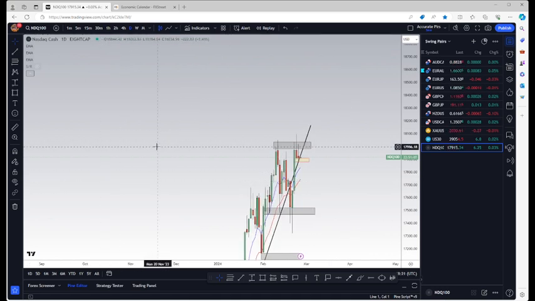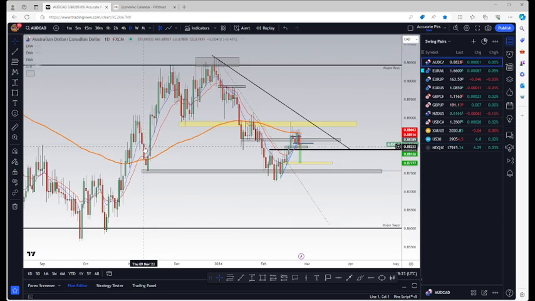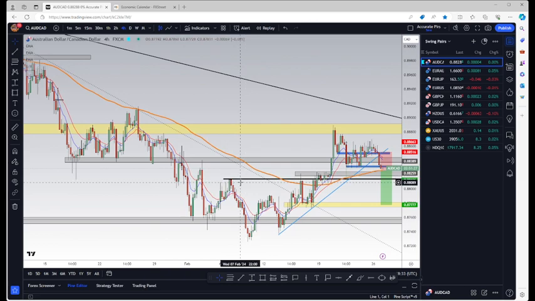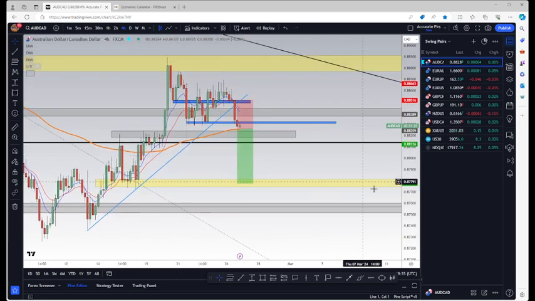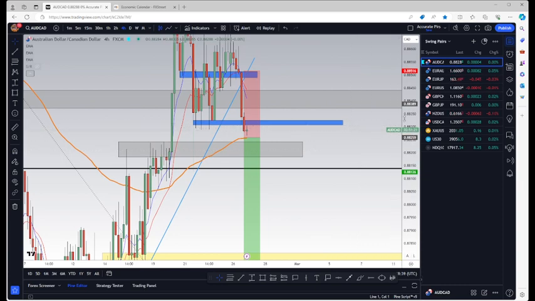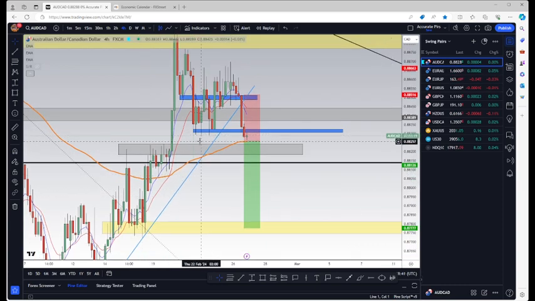Alright, cool. So that brings it to the end. A quick recap: what trade are we looking at for this week? AUD CAD definitely. We're going to wait for price. Ah, it has already broken. You know what?